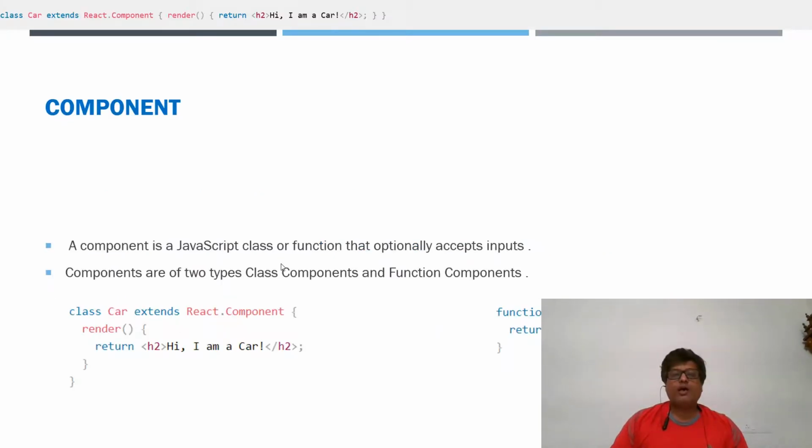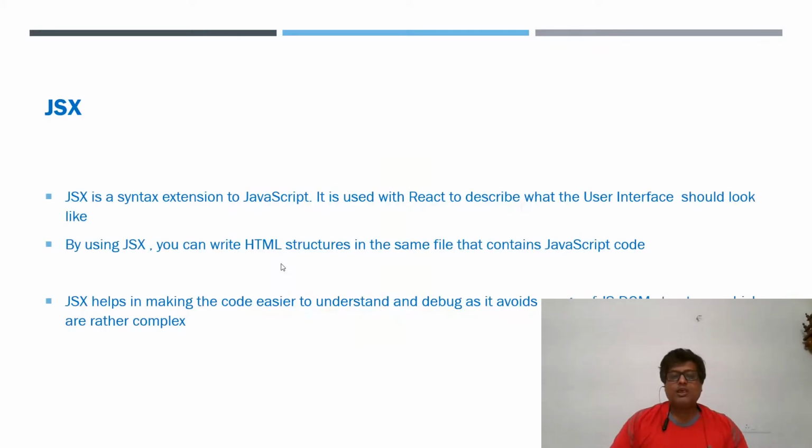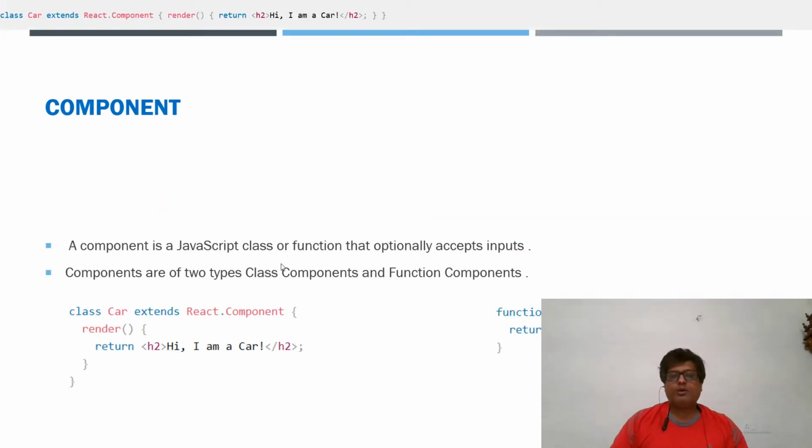Now if we see components, the second feature comes with respect to components. There are basically two types of component. One is a class component, and the other one is a function component. A component is a JavaScript class or a function that optionally accepts input.